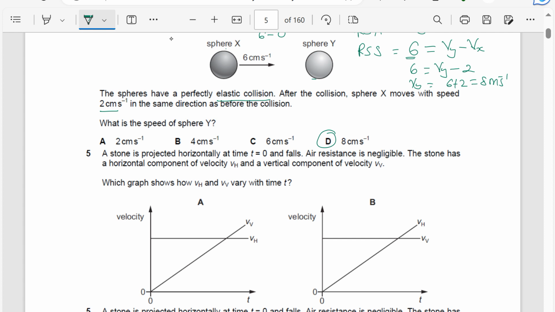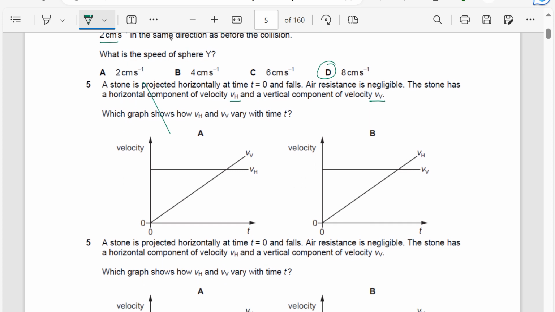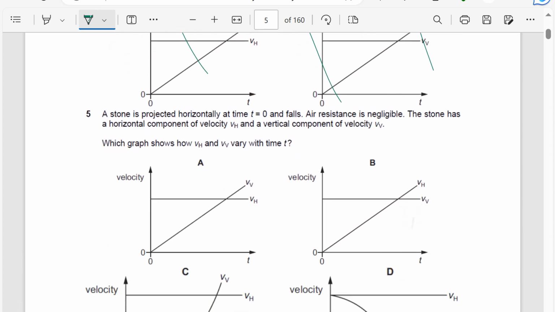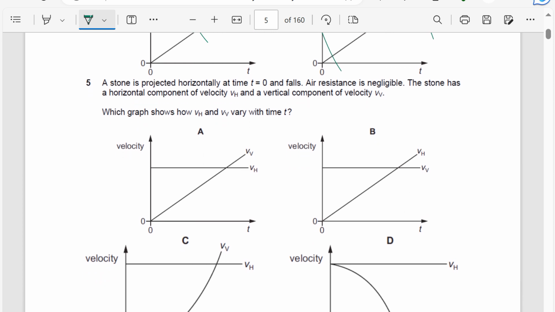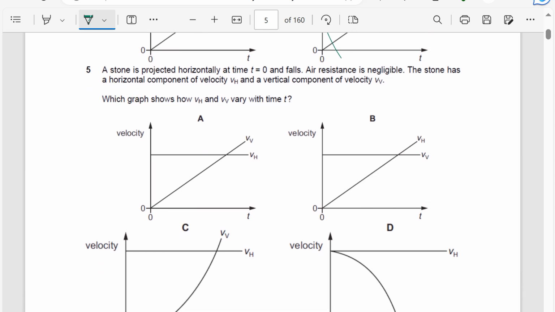The stone has a horizontal component of velocity vh and a vertical component of velocity vy. Which graph shows how vh and vy vary with time? I think this was a repeated question. It is repeated here.